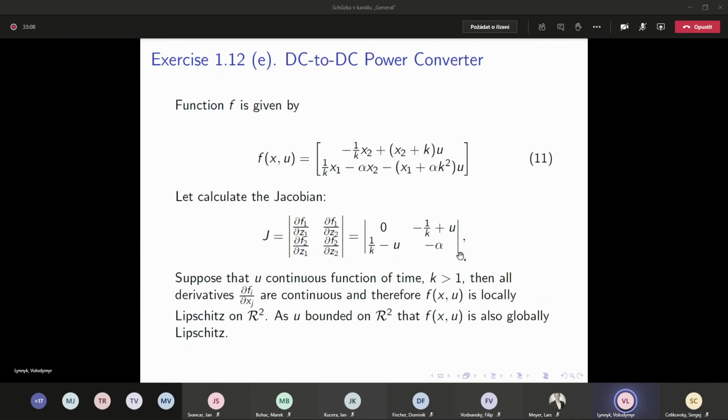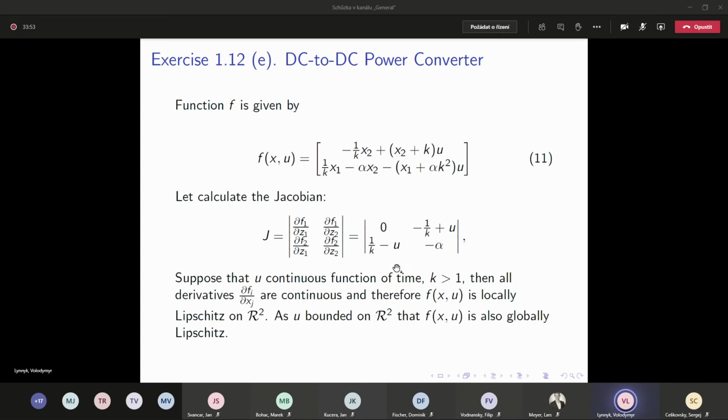The next exercise is the DC to DC power converter. Function f is given by the next equation: x1 dot equal to minus 1 divide by k times x2 plus x2 plus k times u, and 1 divide by k times x2 dot equal to 1 divide by k times x1 minus alpha x2 minus x1 plus alpha k squared times all this term times u, and we calculate the Jacobian.